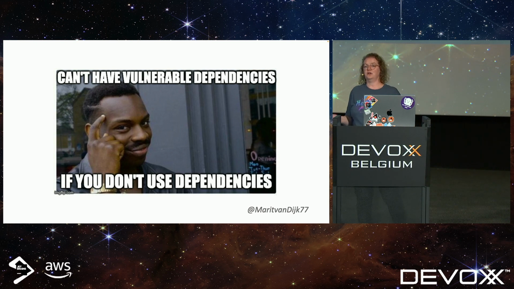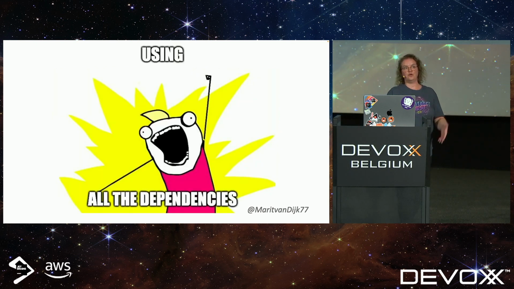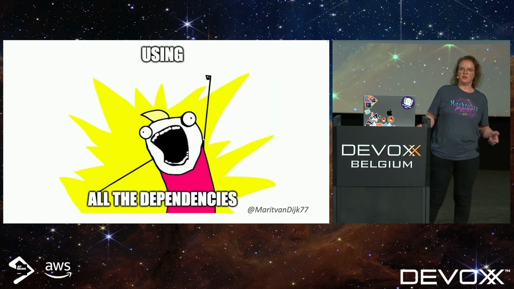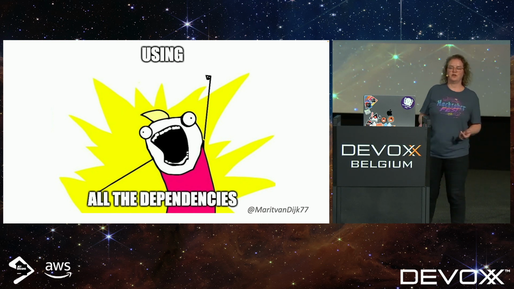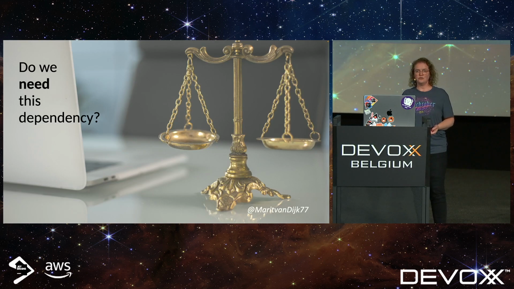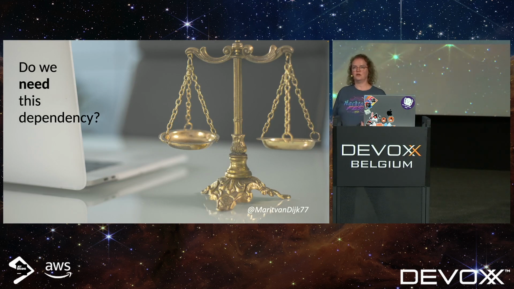But that's more work. You have to do everything yourself. Alternatively, you can just use all the dependencies because they're cool and useful, but that means more dependencies to stay on top of. So overall, it's a balance. There's a reason that the answer to all of the questions in software development is "it depends."